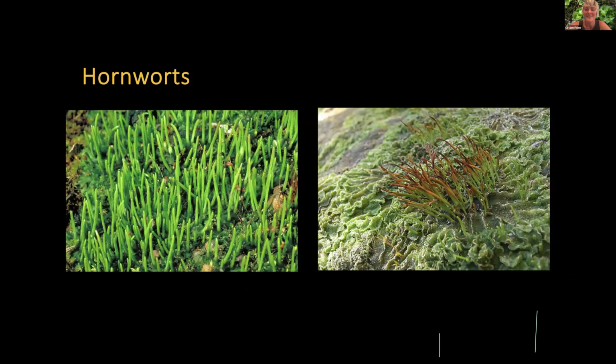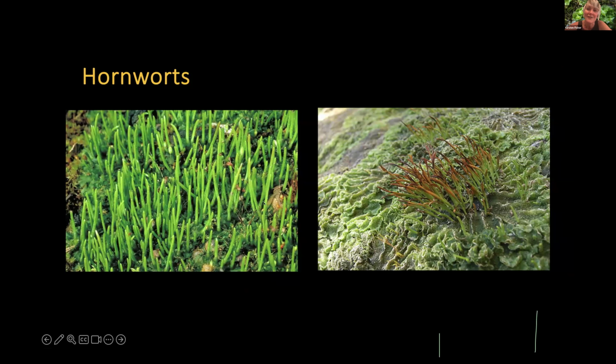As I mentioned, there's not a ton of species diversity in this group, but they're really kind of odd and wacky. And of course, they're named for their weird looking horn-like sporophyte. Unlike the mosses that I showed you, which have very short-lived sporophytes, and the liverworts, which have even shorter-lived sporophytes, the sporophytes of the hornworts are actually indeterminate, meaning they just keep growing.